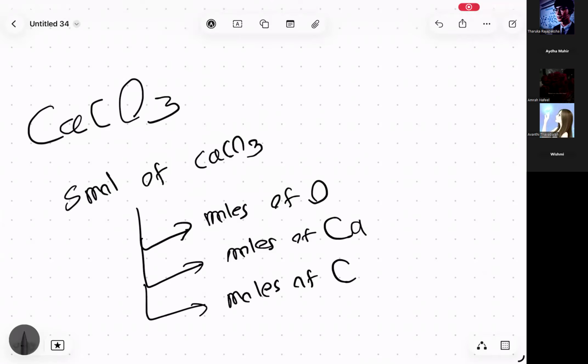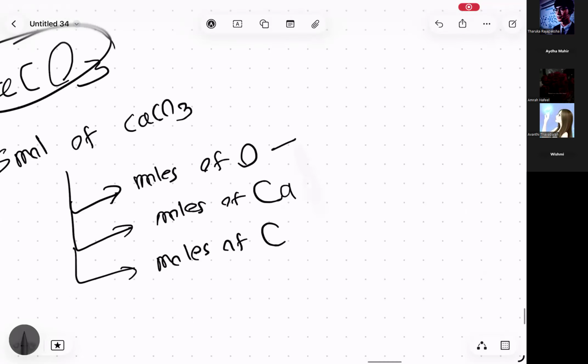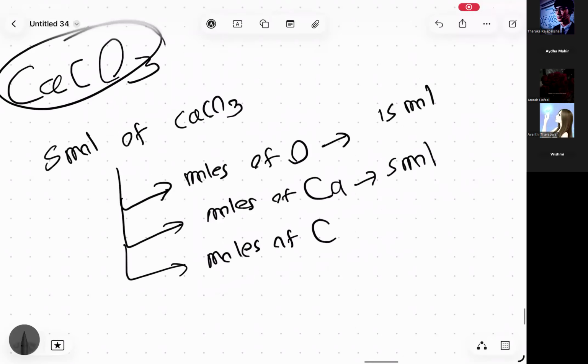One calcium carbonate contains 3 oxygens, just like one person has two eyes. So moles of oxygen will be 15 moles. Moles of calcium will be the same, 5 moles, because one calcium is there inside. And moles of carbon will be 5 moles.